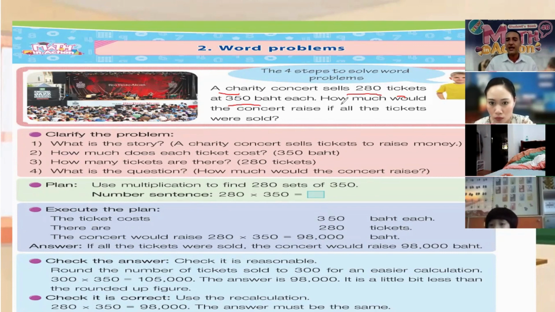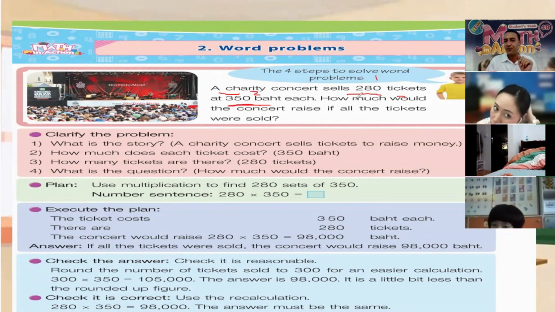The information given to us in this story is about a charity concert. They sell tickets, 280 tickets. How many tickets? 280 tickets. Now, what is the cost of one ticket? The cost of each ticket is 350 baht. So these are the 2 pieces of information given to us.